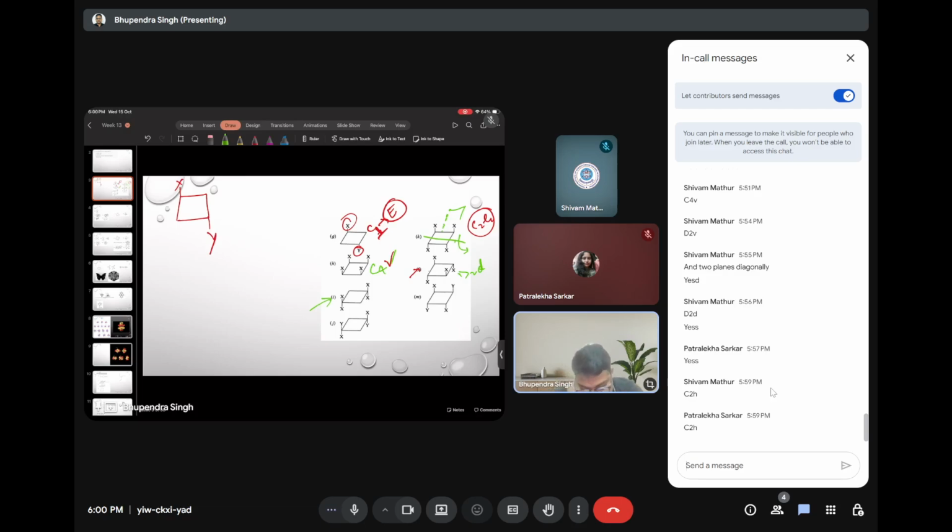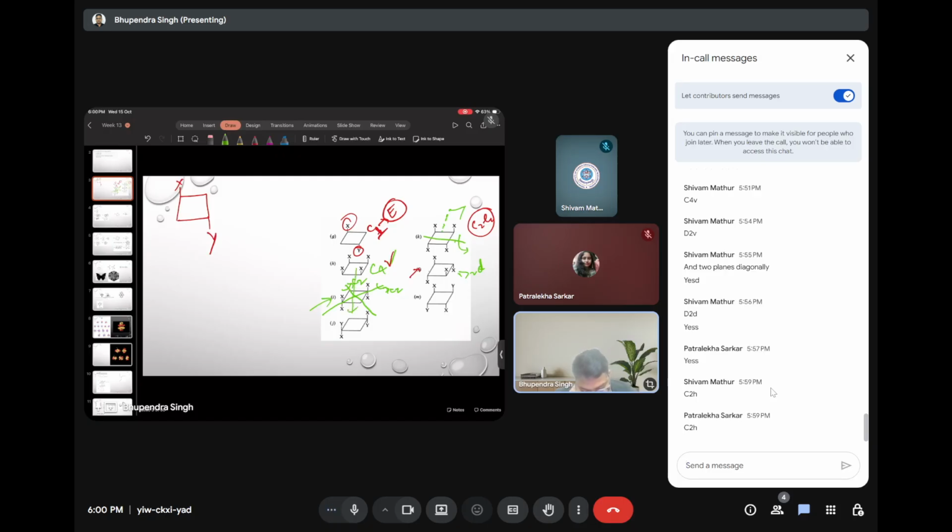But this diagonal, here C2 axis is passing. Correct? From here C2 axis is passing. Correct? One from the top, this C2 axis is passing.